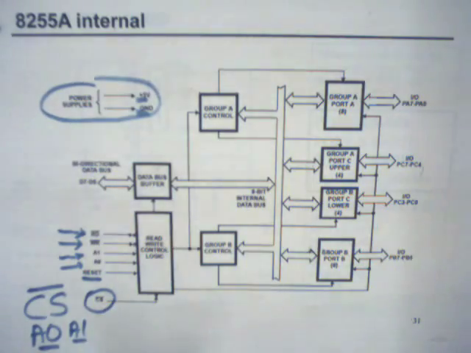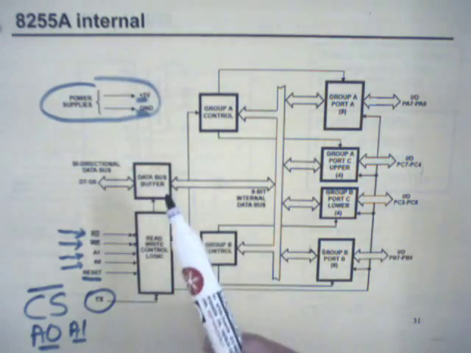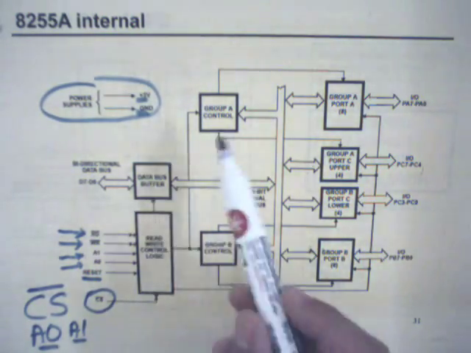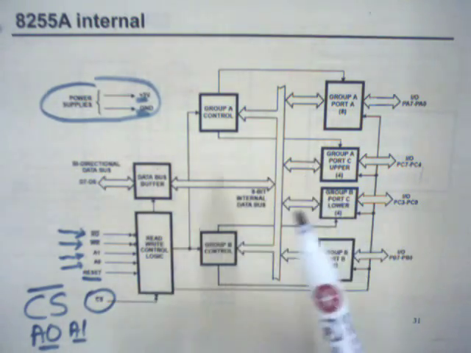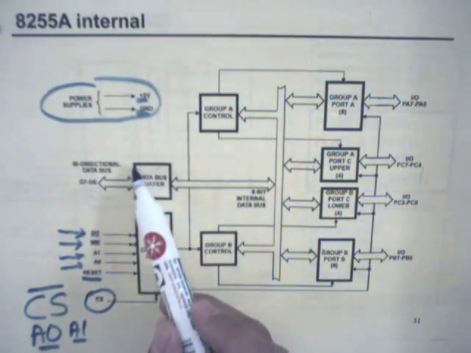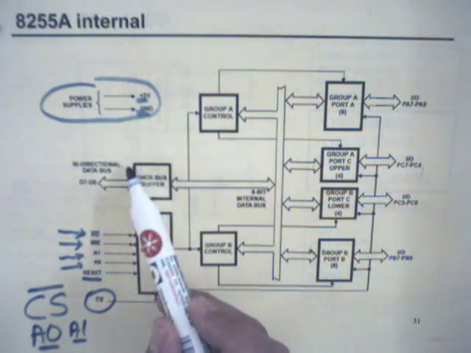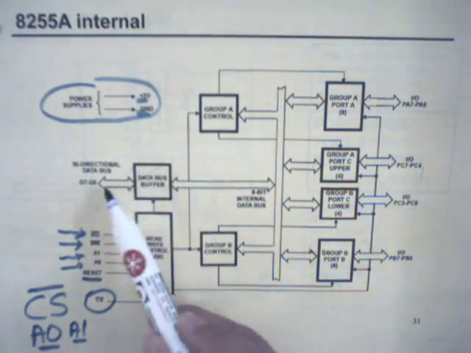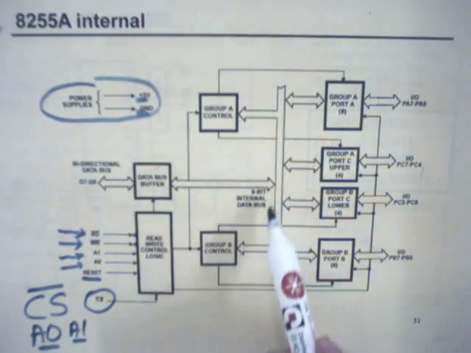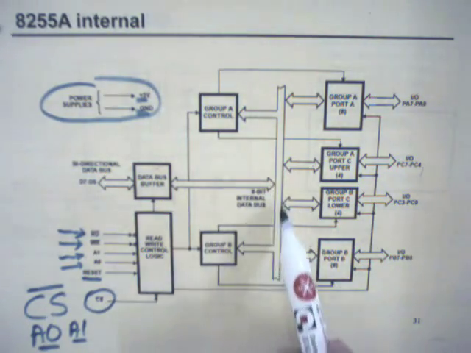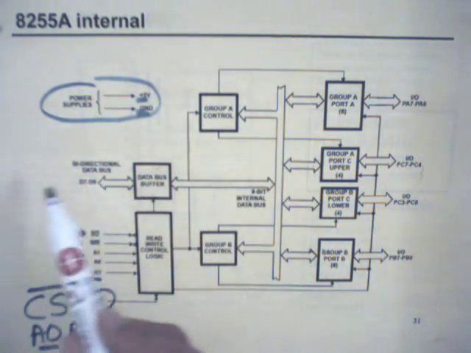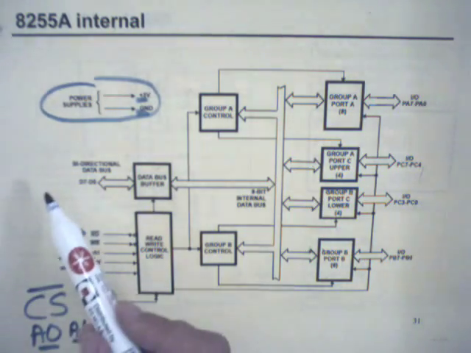Now inside the integrated circuit, of course, we do have lots of latches and other logic circuits. One of the fundamental latches is the data bus buffer, which buffers from the internal bus of the integrated circuit to the outside world. Here the outside world is the microprocessor circuitry.